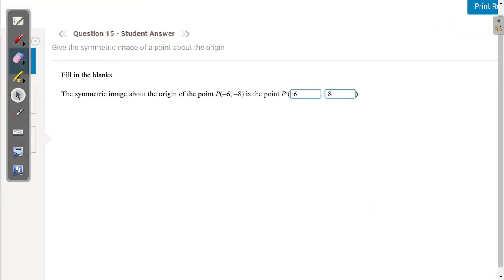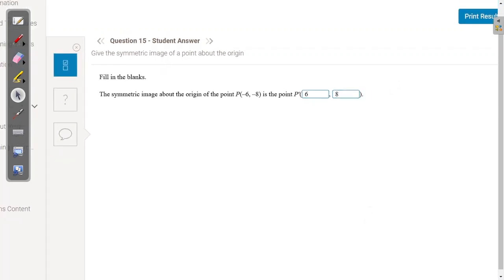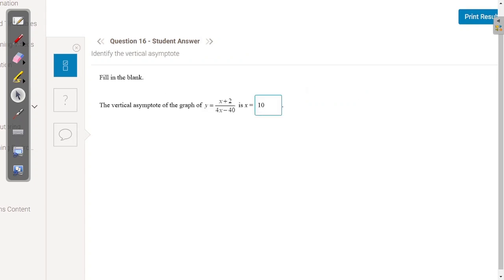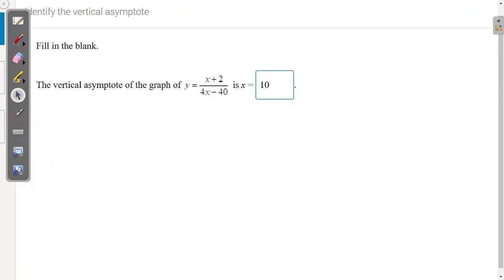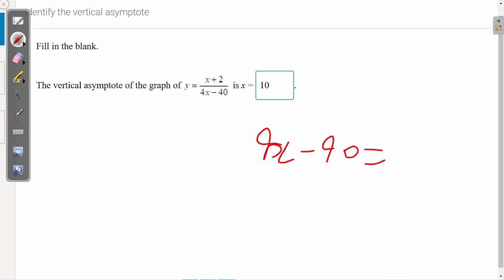Symmetric about the origin means you change the x and the y. So negative 6 becomes positive, negative 8 becomes positive. Or positive becomes negative, but here it's just negative. Vertical asymptote is what makes the denominator 0. 4x minus 40 equals 0, 4x equals 40, x equals 10.